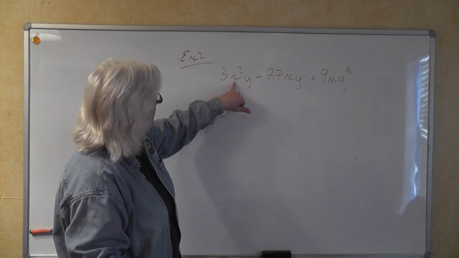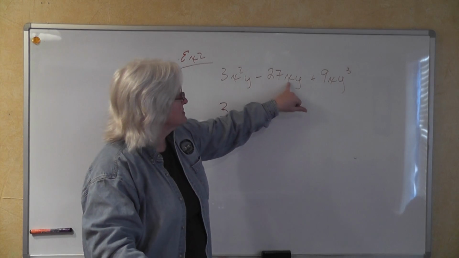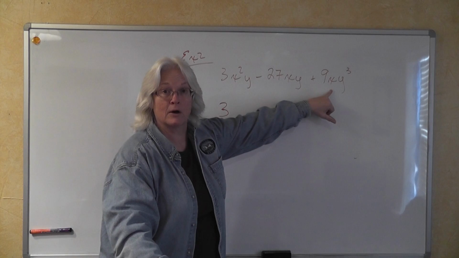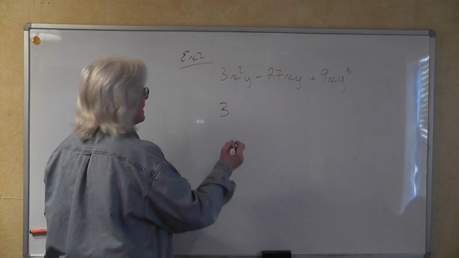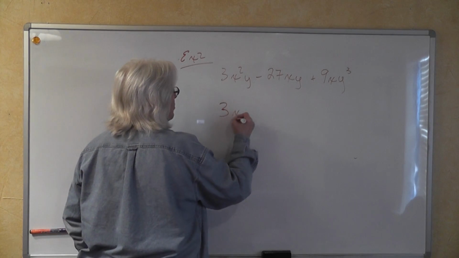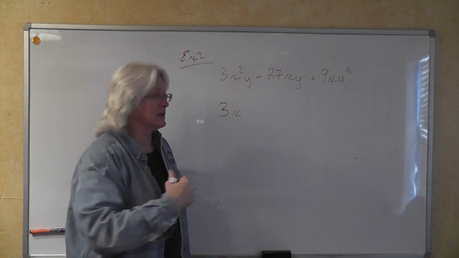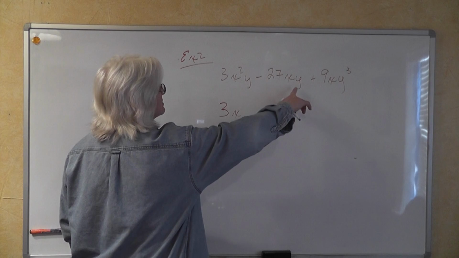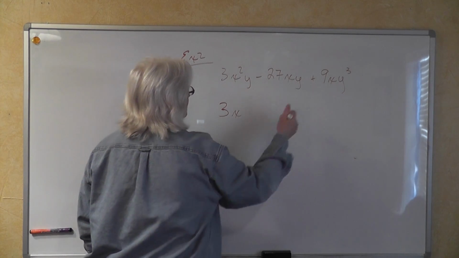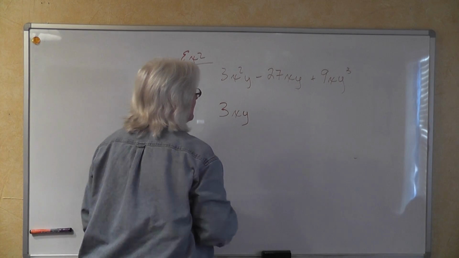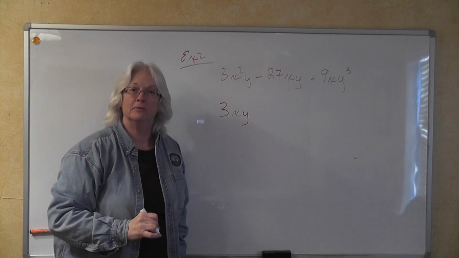We have x squared, x, and x. Our common factor in the x's is simply x. What about y? Do we have a variable of y that's in common? We have y to the first, y to the first, y cubed. So we have one factor of y in common.